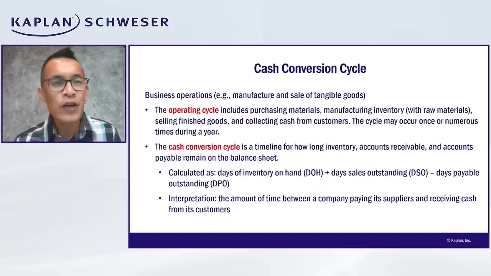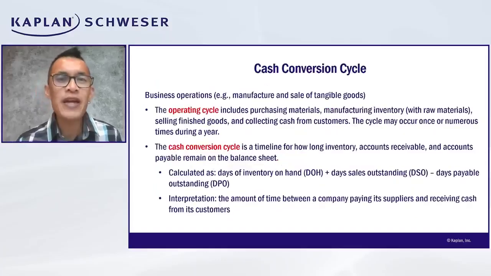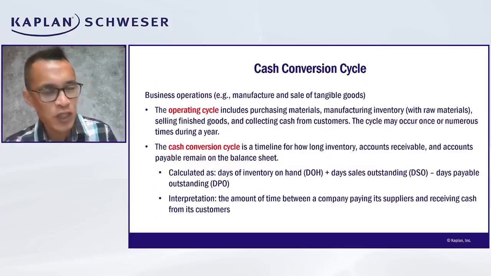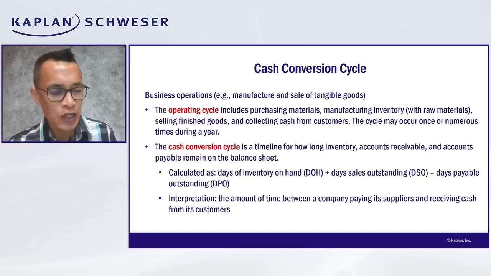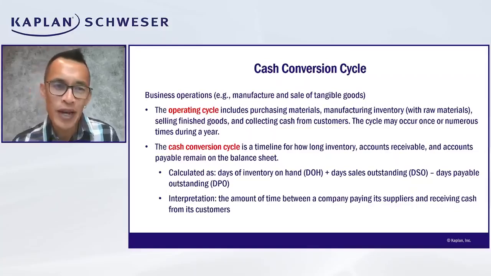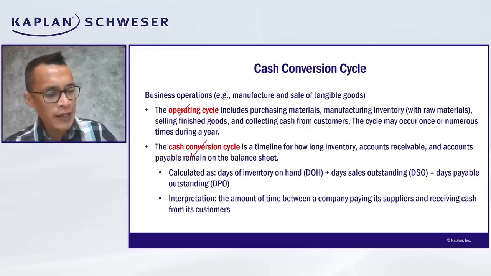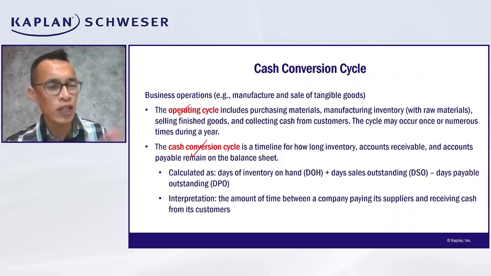All right, so we'll start right now with the cash conversion cycle. The easiest way to think about these two concepts, operating cycle and cash conversion cycle, as illustrated in the equation I did earlier, is that the operating cycle is a subset of the cash conversion cycle.